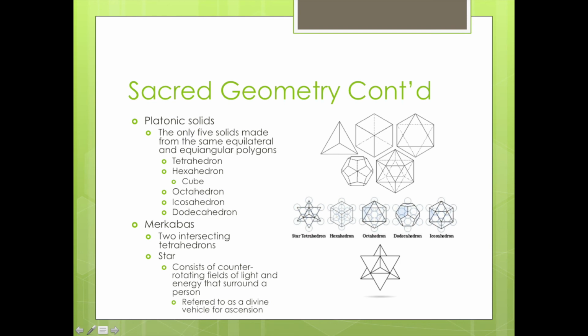So it's referred to as a divine vehicle for ascension. It can be used to connect with higher realms, and this relates back to Metatron's cube again. And they can be activated through practice, conscious unification of personal power and interconnection.